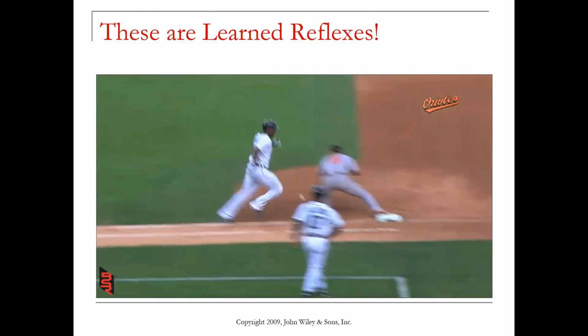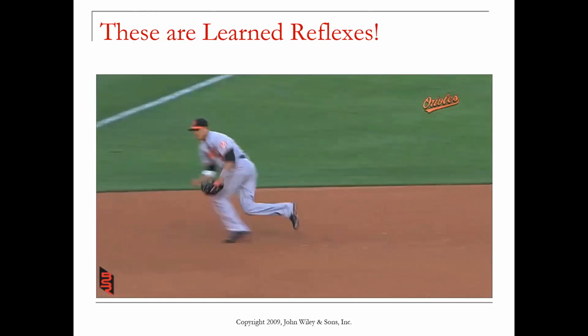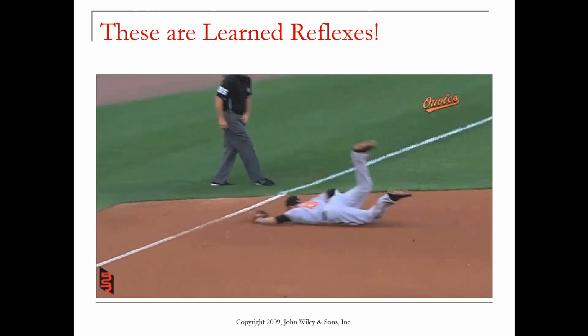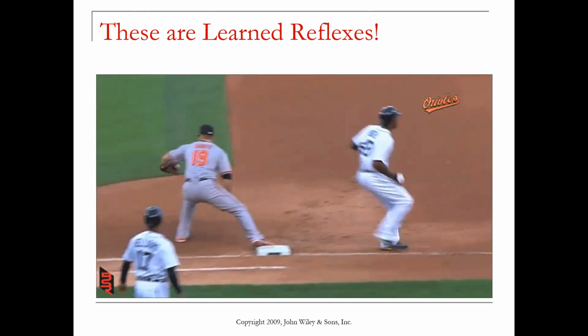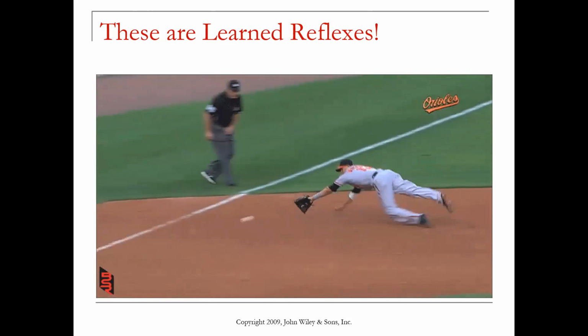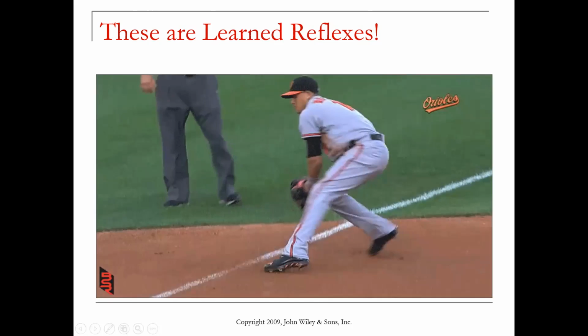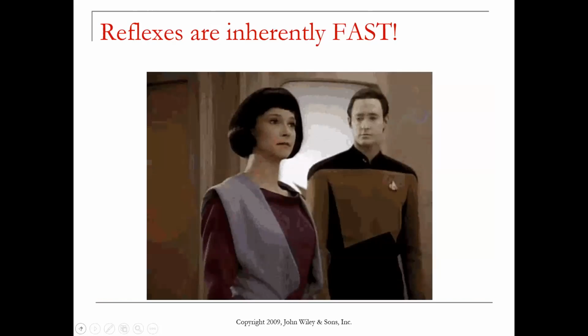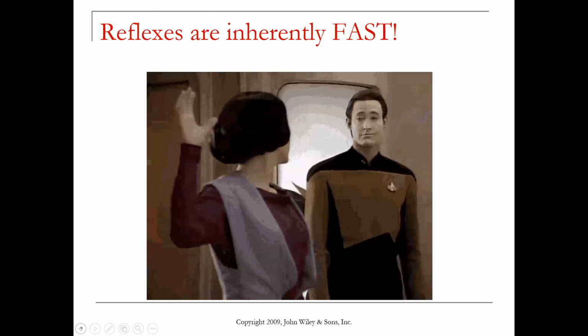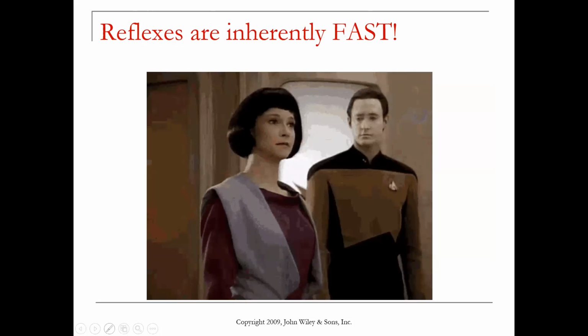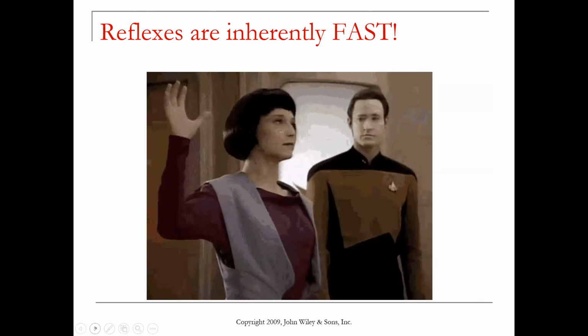He blocks the ball, picks it up, and throws it to first base without stopping to think. He doesn't have to think. He knows what to do. That is a learned reflex that has gotten better and better with lots and lots of practice, as opposed to this intrinsic reflex here, grabbing the ball when it comes at you. So it isn't working.